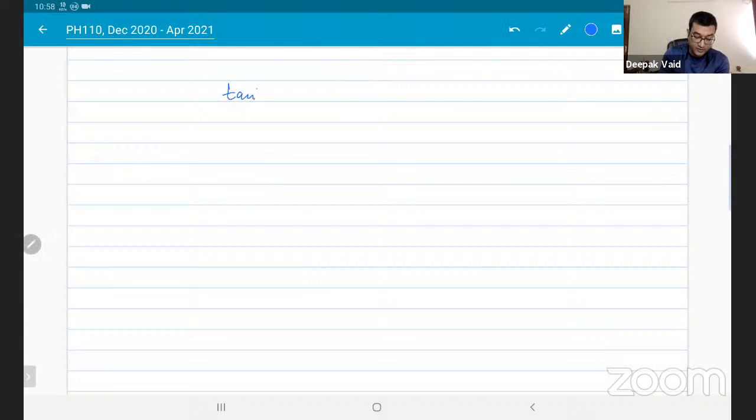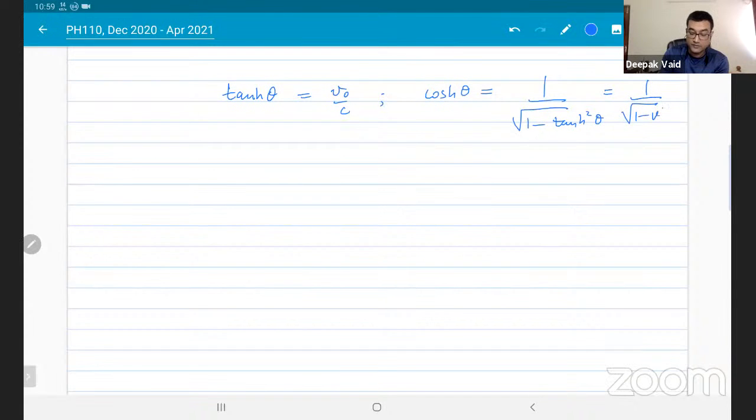So let me write that down again. Tanh theta is equal to V naught by C. Cosh theta is equal to 1 over root of 1 minus tanh squared theta, which is equal to 1 over root of 1 minus V squared by C squared.